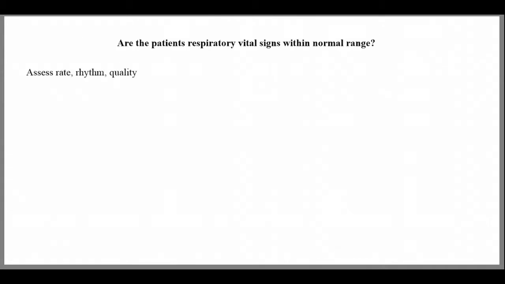Are the patient's respiratory vital signs within normal range? With respiratory rate, you also assess, is the respiratory rate slow? Is it fast? Is it regular? Or is it irregular?